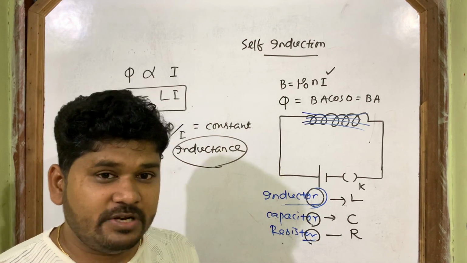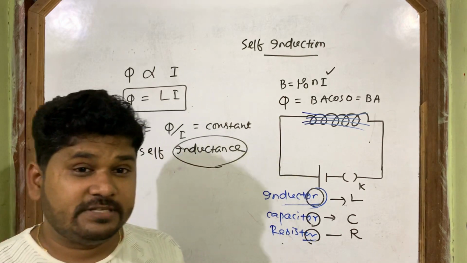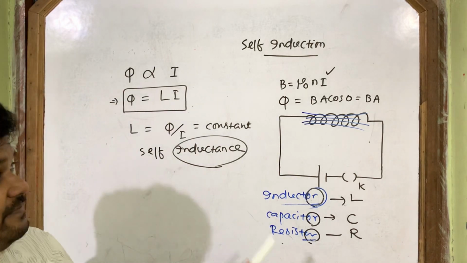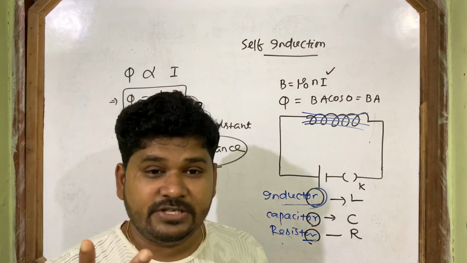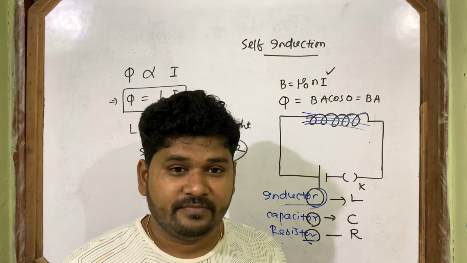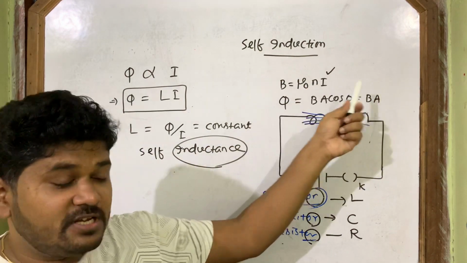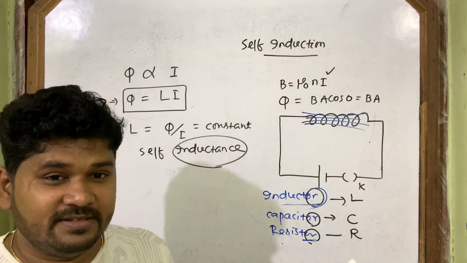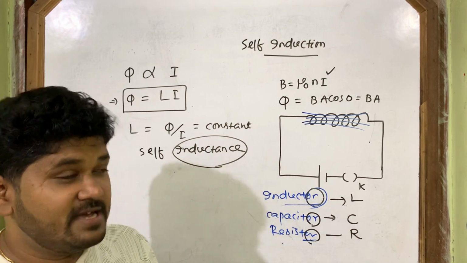But when the question comes in the exam, students get confused between the definition of self-induction and the definition of self-inductance. Students can't differentiate them, but I hope you will not make that mistake.